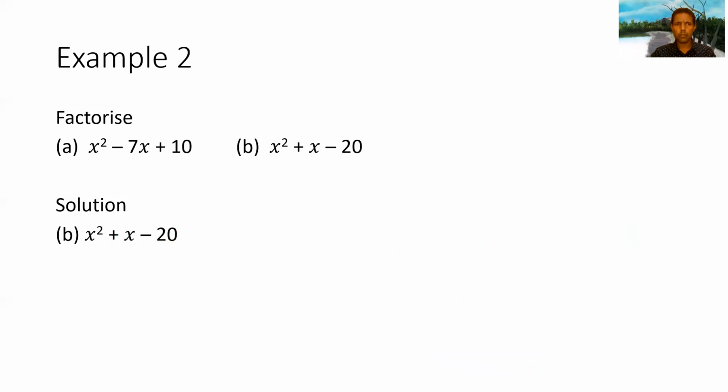Part B, x squared plus x minus 20 can be rewritten as x squared plus 1x minus 20. The product here is negative 20 and the sum is 1. So here we need two factors of negative 20 whose sum is 1.